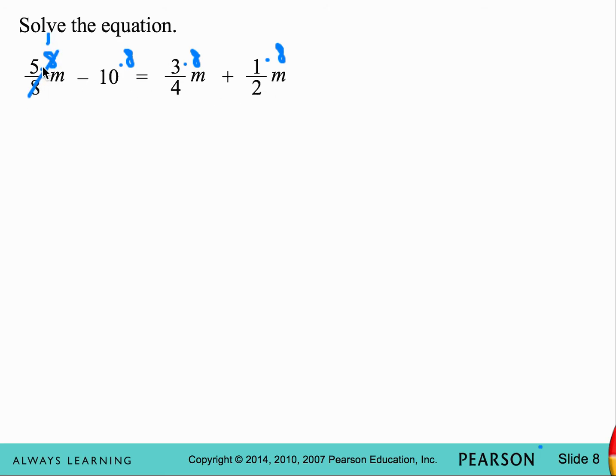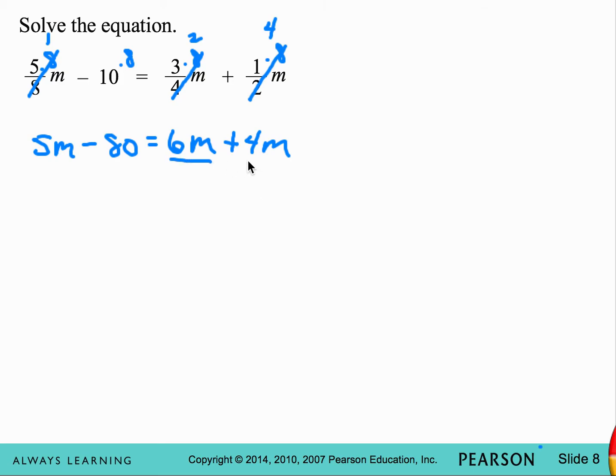So this is 5 times 1m, or 5m. 10 times 8 is 80. 8 divided by 4 is 2. So this is 3 times 2m, or 6m. 8 divided by 2 is 4. So this is 1 times 4m, or 4m.